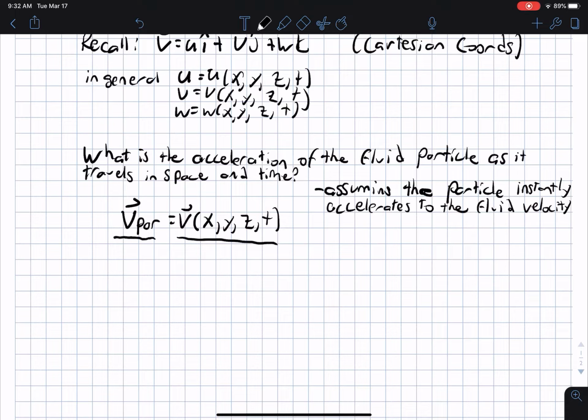But this fluid particle is moving around as a function of time. So it could be moving like this. So this is t equals t naught, and it's going to be moving as a function of time, and we're going to have t equals t1 here. So its position is changing as a function of time in the velocity field.